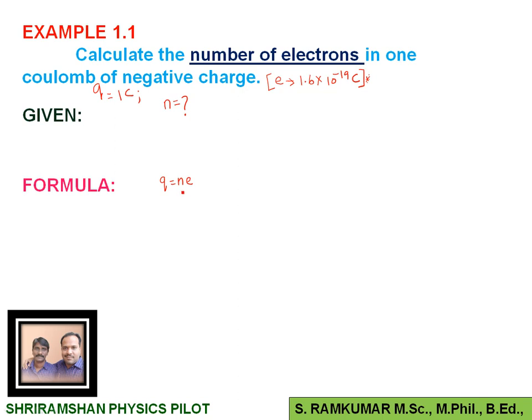So in this case, you are going to find the value for N. Therefore N will be equal to Q by E. Now you are going to substitute the value for Q, that is Q is given as 1 coulomb. So in this case, 1 divided by, and charge of the electron, that is 1.6 into 10 power minus 19 coulomb. So 1.6 into 10 power minus 19.